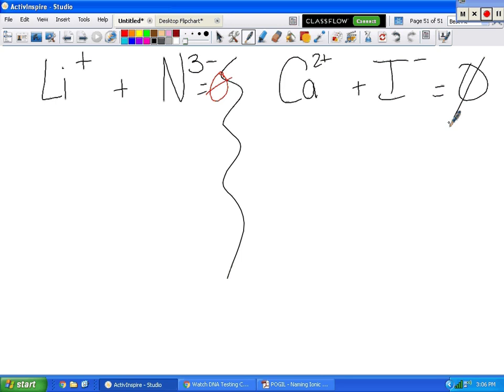All right, Sharon, so let's look at the first one. I've got 1 Li plus, and I've got 1 N3 minus. Are those equal as they're written? No. How do I make them equal? If I've got 1 positive and 3 negatives, I need to make them equal to 0.